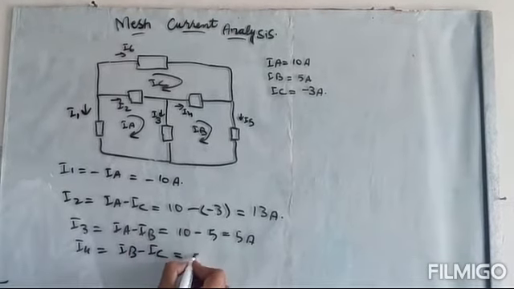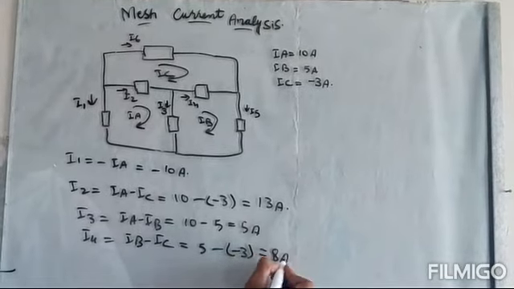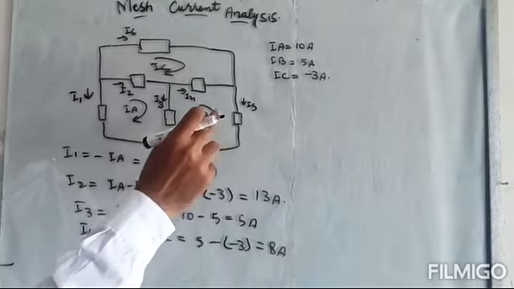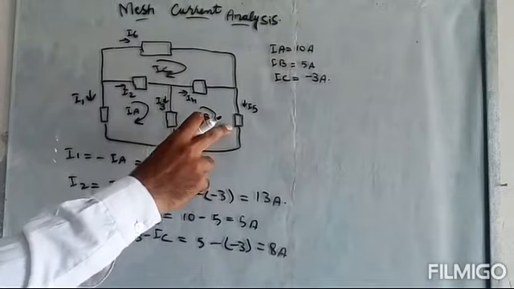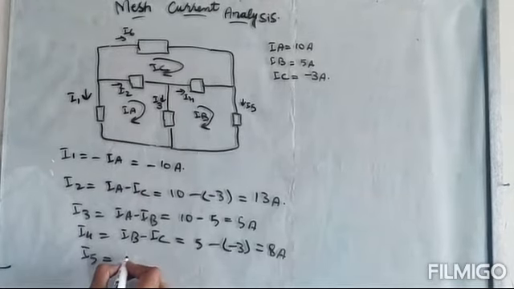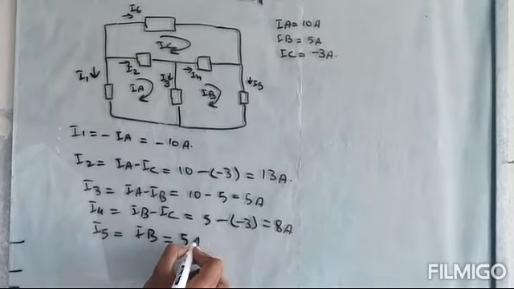IB is 5 minus IC which is minus 3, so it will be 8 ampere. I5 is simply IB because it is not shared and the direction is also the same, so I5 is equal to IB, which is equal to 5 ampere.